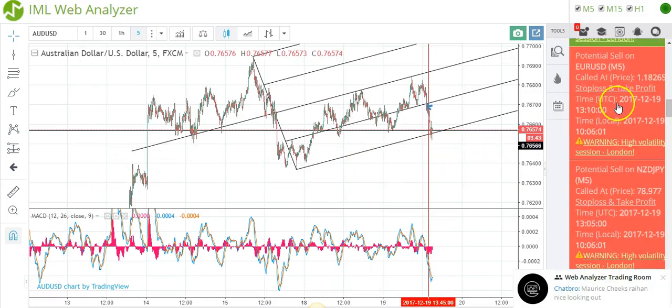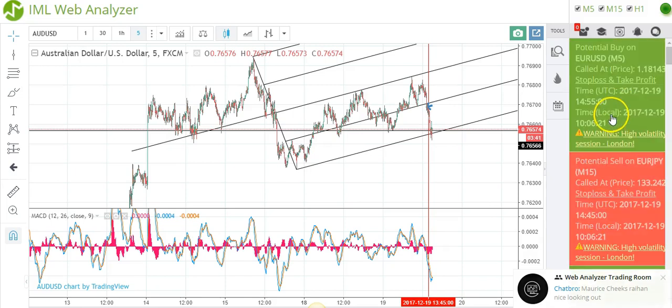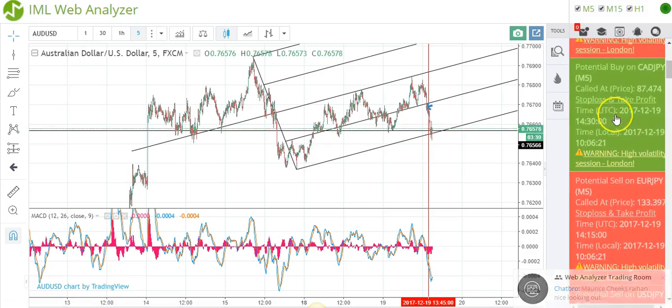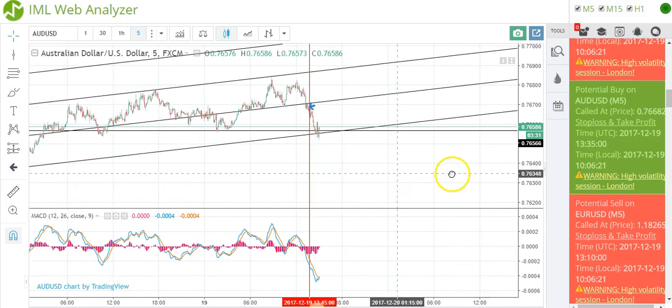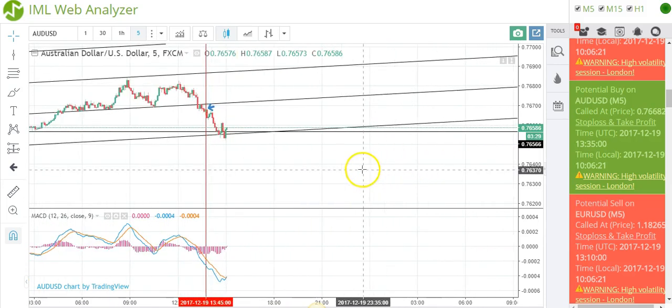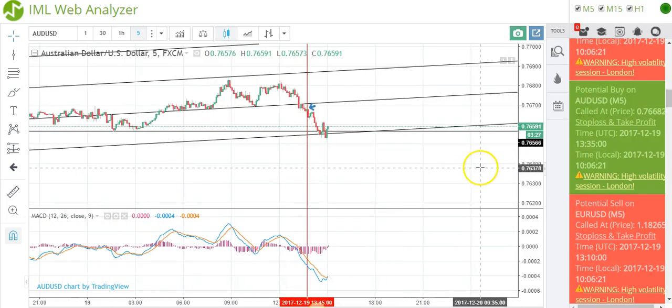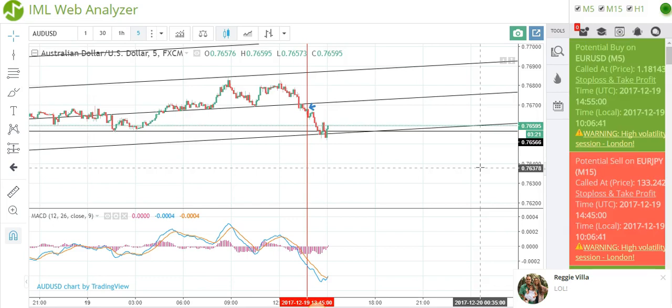So as you can see, AUD USD was called at 0.76682, and that's right where my line is. Once you understand pitchforks, you understand better entries.